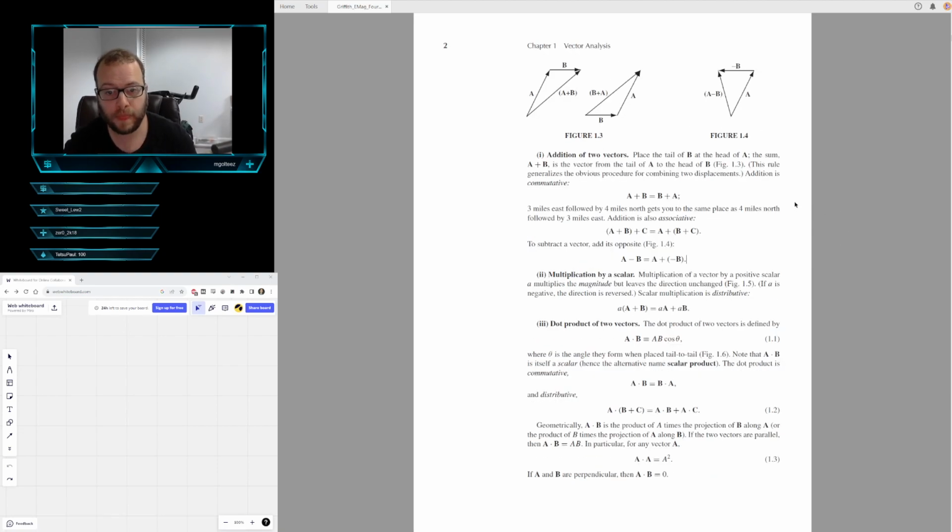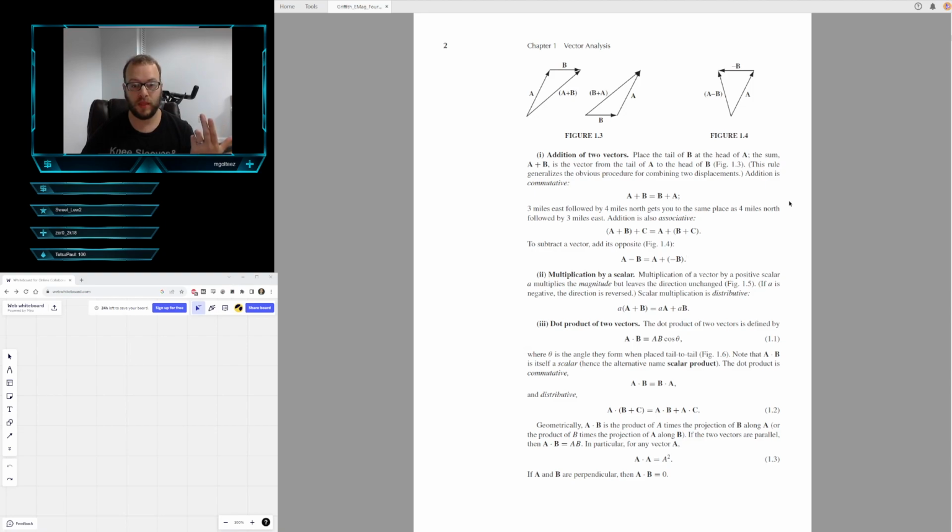The next thing that we can talk about is multiplication by a scalar. So again, scalars are things that do not have any direction. They are just a singular quantity. And when you multiply a scalar by a vector, and this is where it gets its name, you are scaling the vector in value. You are changing the magnitude of the vector.